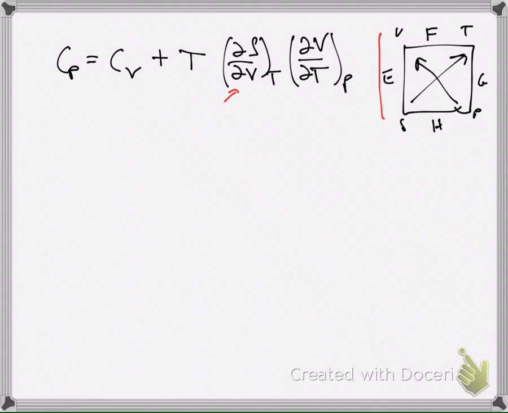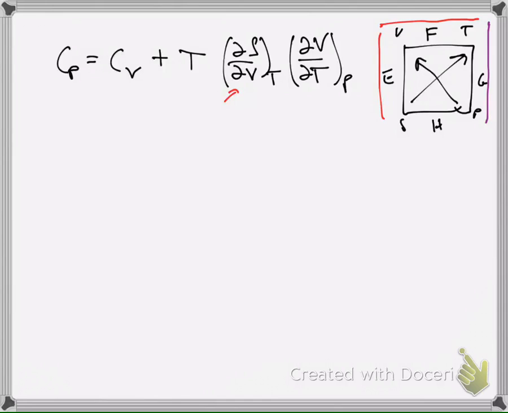So partial S, partial V at constant T turns out to be the same thing as partial P, partial T at constant V. So we're going to replace this with partial P, partial T at constant V. And again, we're also going to plug in that this thing here is V times alpha, our thermal expansion coefficient.